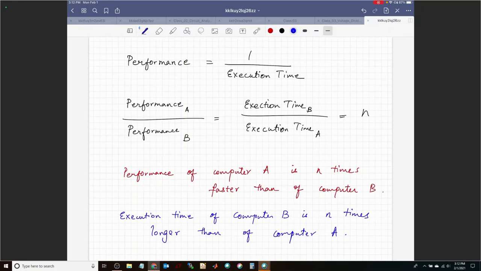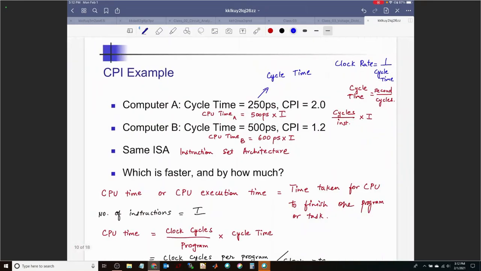Now let's come back to our previous question. I've got CPU time A, I've got CPU time B. So which one is faster and by how much? If I divide CPU time B by CPU time A, I'm going to get the factor 1.2, which means I can say who is faster?